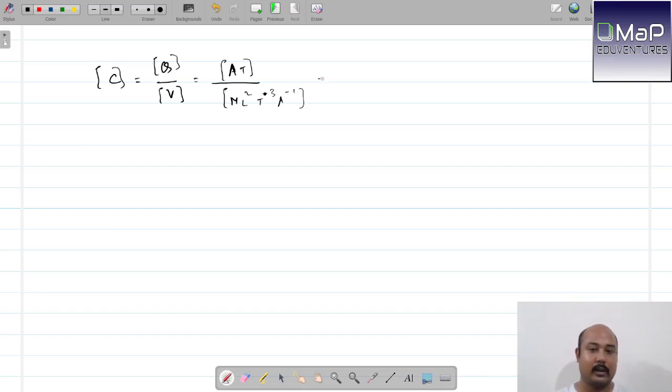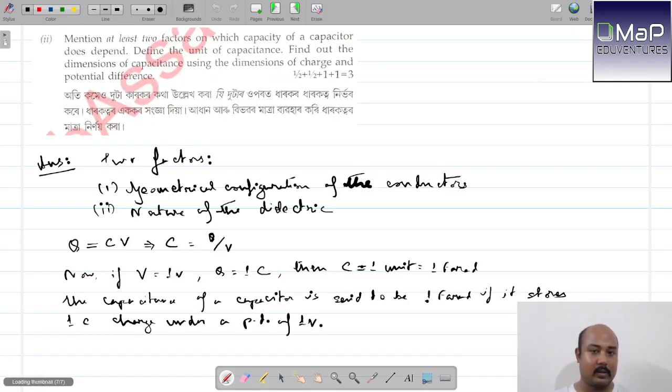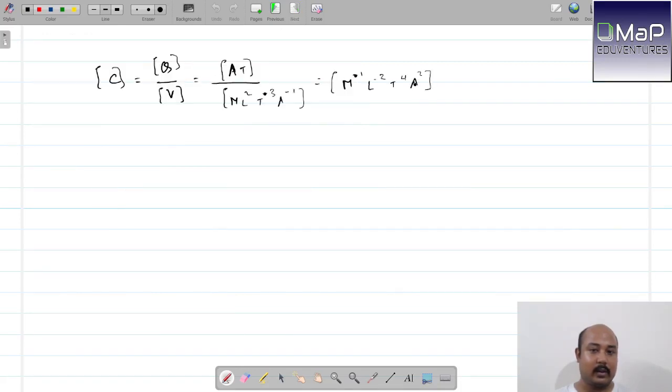Simplifying, it becomes M to the power minus 1 L to the power minus 2 T to the power 4 A to the power 2. So this is the dimensional formula of capacitance using the dimensions of charge and potential difference.